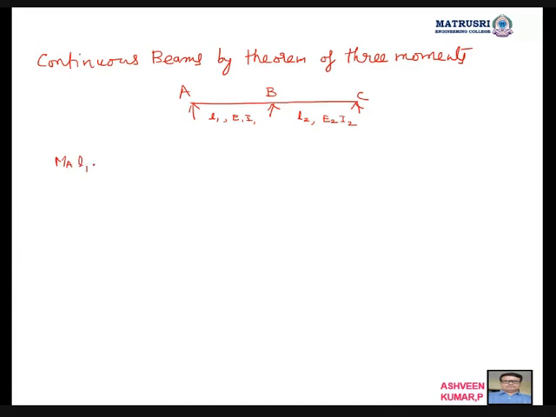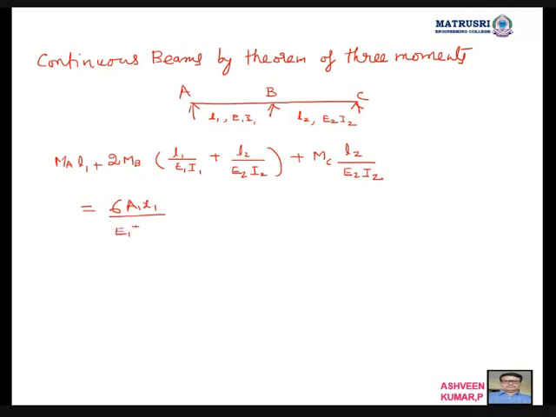MA L1 plus 2MB L1 by E1 I1 plus L2 by E2 I2 plus MC L2 by E2 I2 is equal to 6 A1 X1 by E1 I1 L1 plus 6 A2 X2 by E2 I2 L2 plus 6 delta 1 by L1.